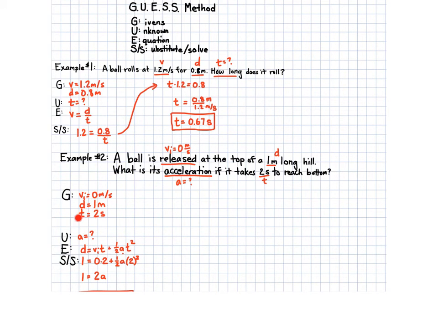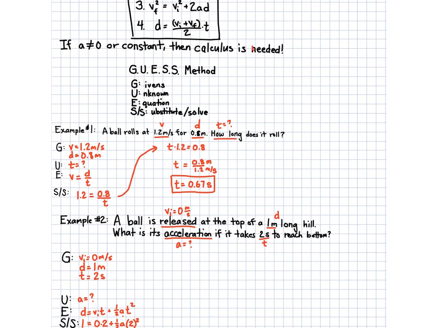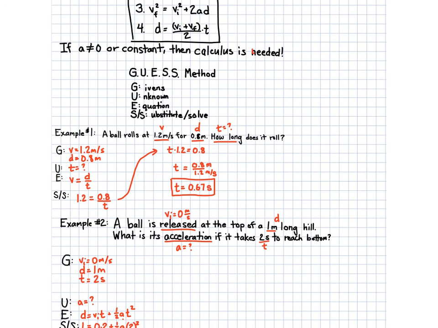Displacement is 1 meter. Time is 2 seconds. Acceleration is the unknown. I'm going to pause it, scroll down so you can't see, and hit pause. What I want to know is, with those givens and unknowns, which of the 4 equations are you going to use?